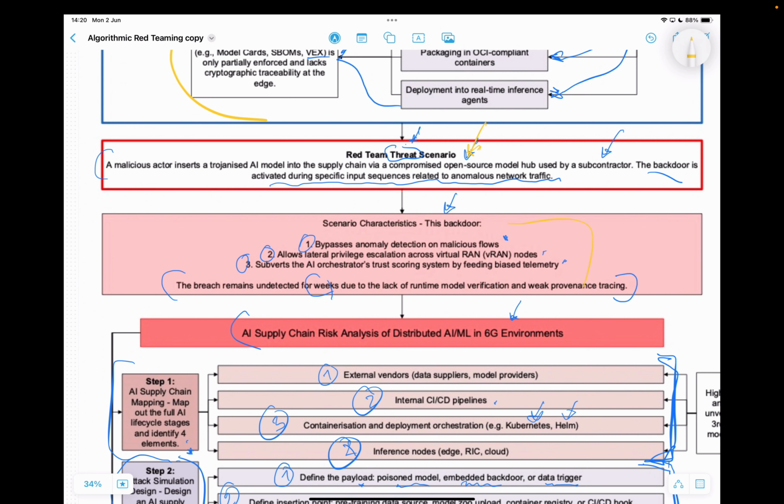This specific bomb is bypassing anomaly detection by mimicking benign patterns, then escalates privilege laterally across the virtual RAN segments, and corrupts the telemetry to fool the AI trust scoring engine into accepting compromised behaviors as normal. And this persists, let's say, for weeks of the runtime model.